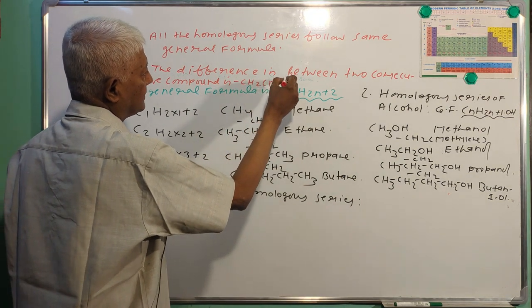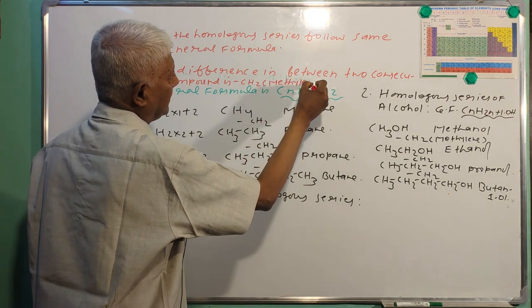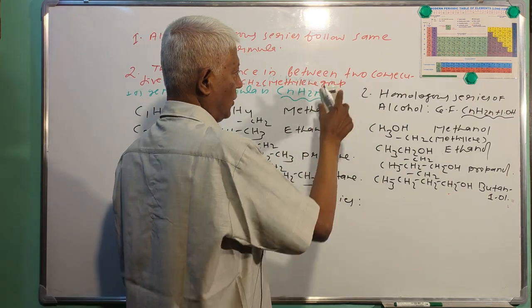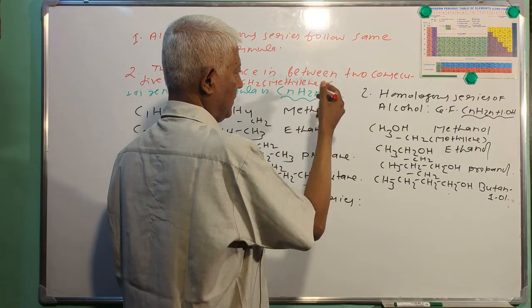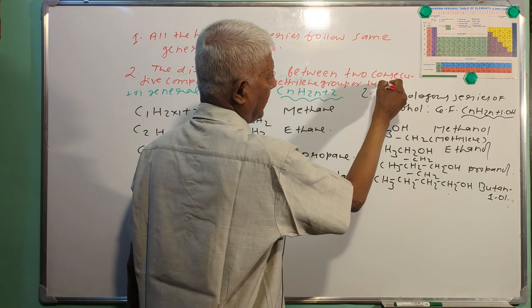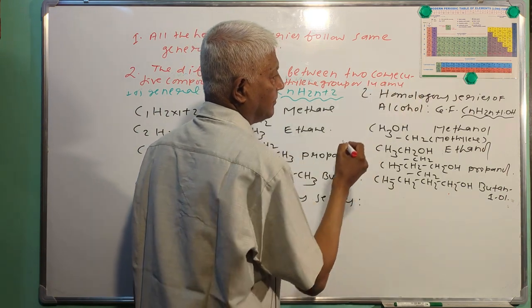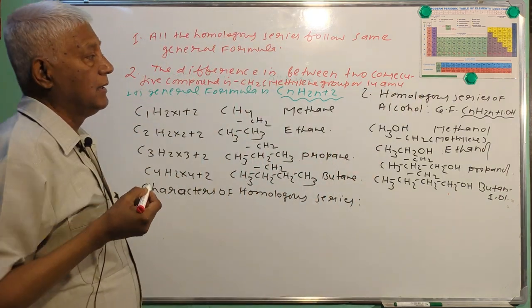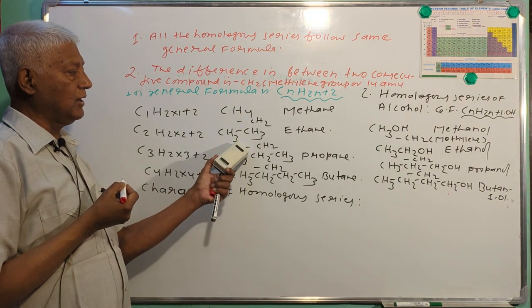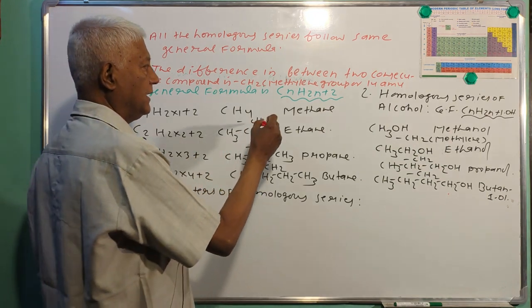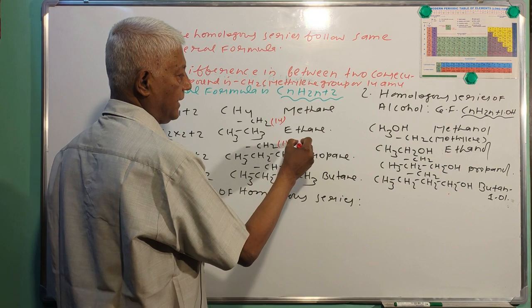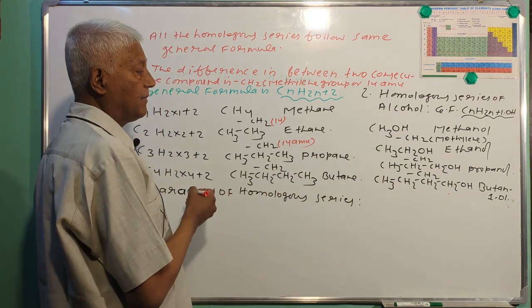That is also known as the methylene group, or we can say 14 AMU. 14 AMU means 14 molecular mass difference. When we talk about methane and ethane, the difference is 14. AMU means atomic mass unit.